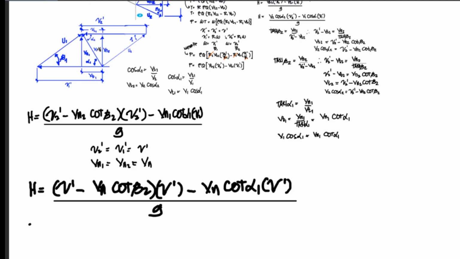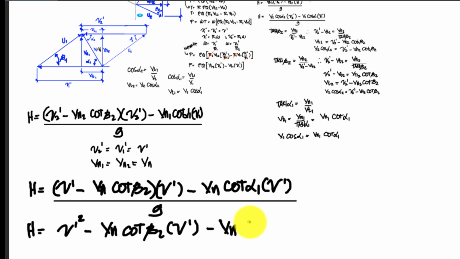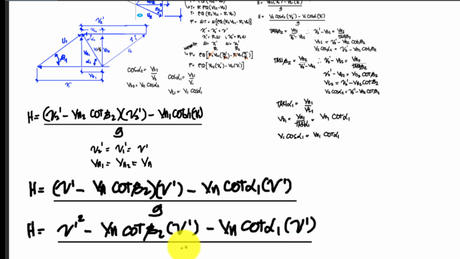So furthermore, distributing here, that will be velocity of the vane squared minus the normal velocity times my cotangent of beta 2 times the velocity of the vane, minus the normal velocity times cotangent alpha 1 times the velocity of the vane, and this is divided by the gravity.